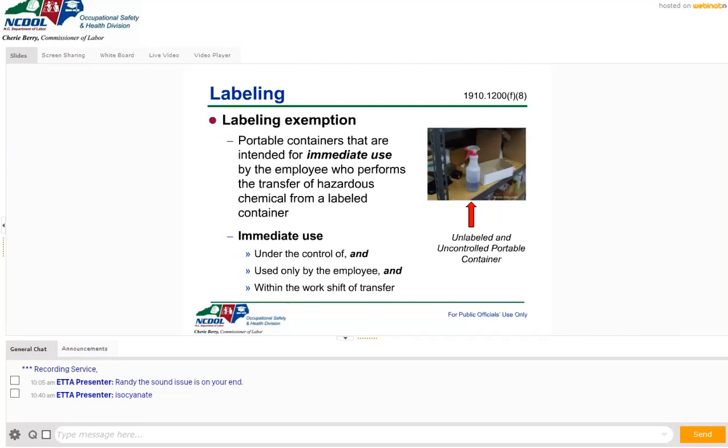But again, a lot of companies and organizations go beyond that rule and require labeling at all times of all hazardous chemicals, regardless. But again, there is an exception for those unattended containers. So hopefully that slide's clear to you. If it's not, please ask questions.